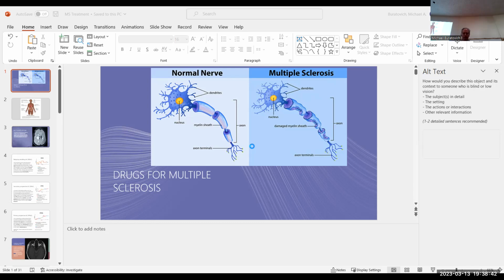Dysarthria, nystagmus, and then intention tremor. Intention tremor is usually due to damage to the cerebellum. They don't have a tremor at rest, like you see with Parkinson's, but when they want to do something, then the shakes will usually start.